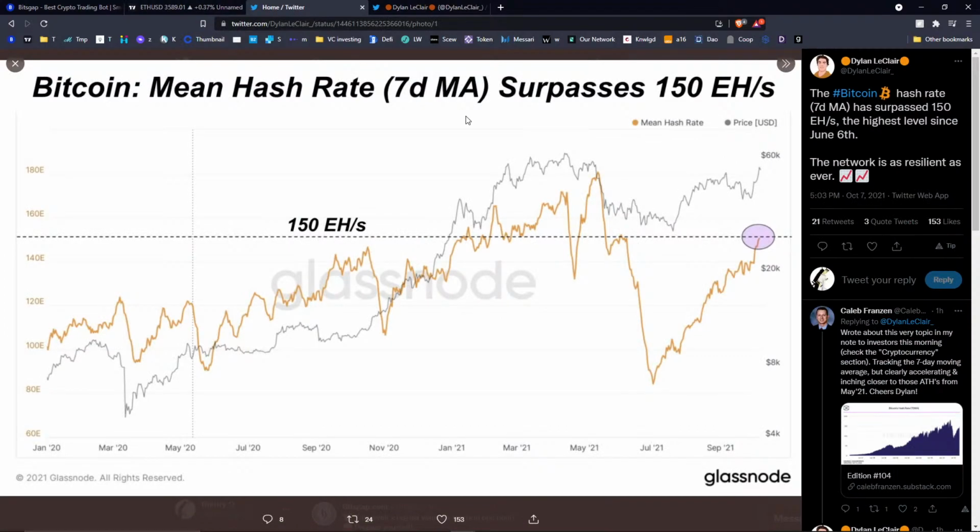So first of all, the mean hash rate, okay, it finally surpassed 150. So basically that shows the mining efficiency recovery. So this whole migration from China is going well. What was happening in China for the last 5 months did create some turmoil on the market for sure in the short term, but in the long term it never really flipped the whole narrative.